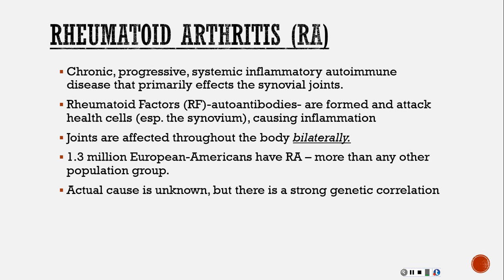Rheumatoid factors, or RF, are autoantibodies that are formed and attack healthy cells, especially the synovium, and this causes inflammation. Joints are affected throughout the body bilaterally. So with rheumatoid arthritis, if you have pain and inflammation in one knee, you're going to have pain and inflammation in the other knee. Okay? Most commonly, you're going to see it in multiple joints.